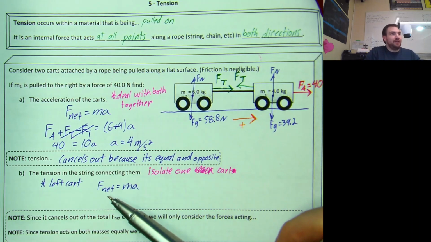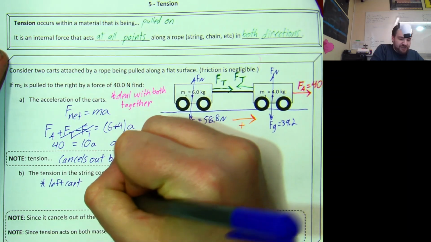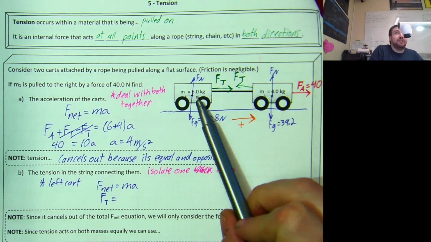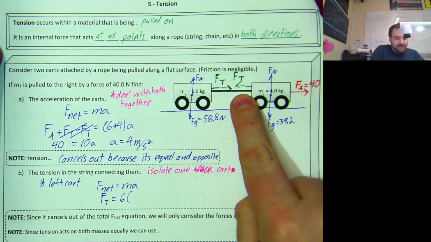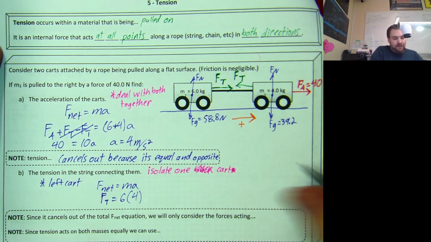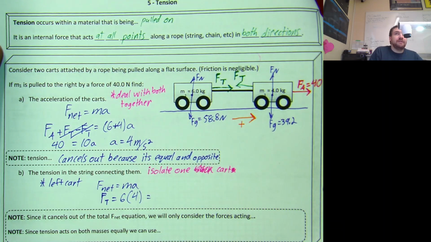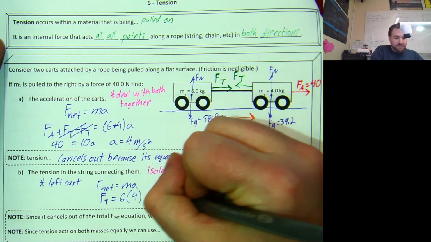So in our dynamic equation, force of tension is going to equal the mass of just this cart, which is 6, times the acceleration, which we know is 4, since it accelerates as a system. So then what is the tension between those two carts? It's going to be 24 newtons.